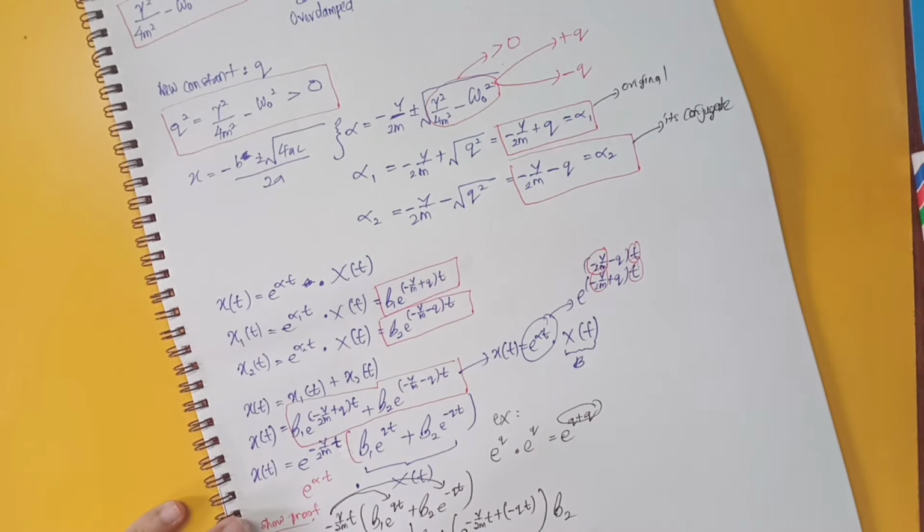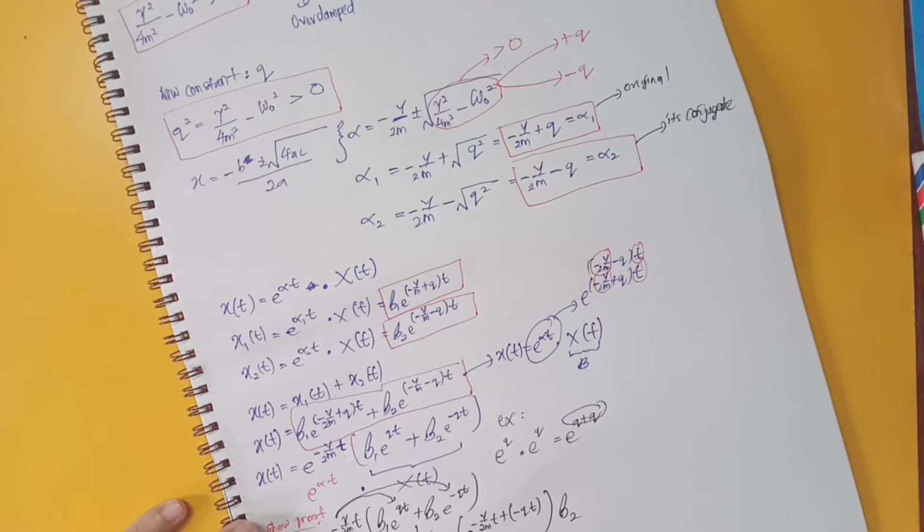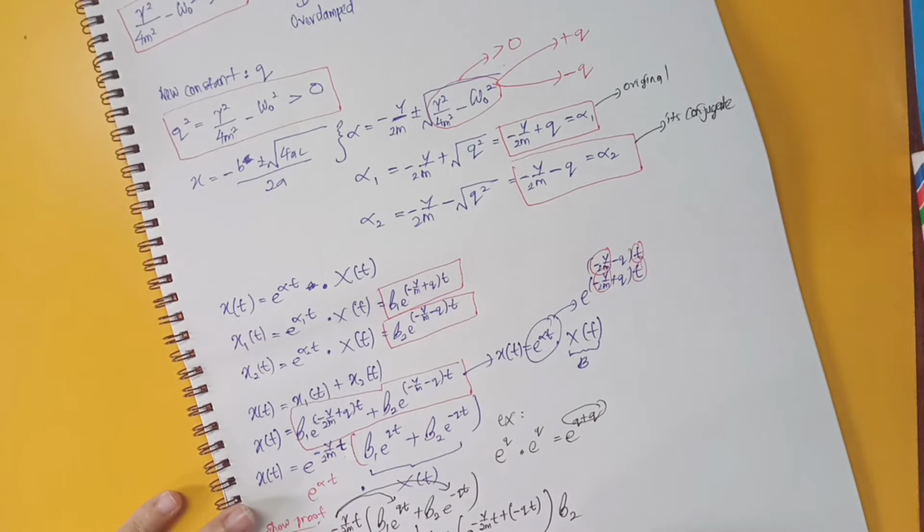Finally, I will put beta 1 in front. So beta 1 times exponential power of negative gamma over 2m plus q, times t. We do some factorization. Then plus beta 2 times exponential power of negative gamma over 2m minus q, times t.